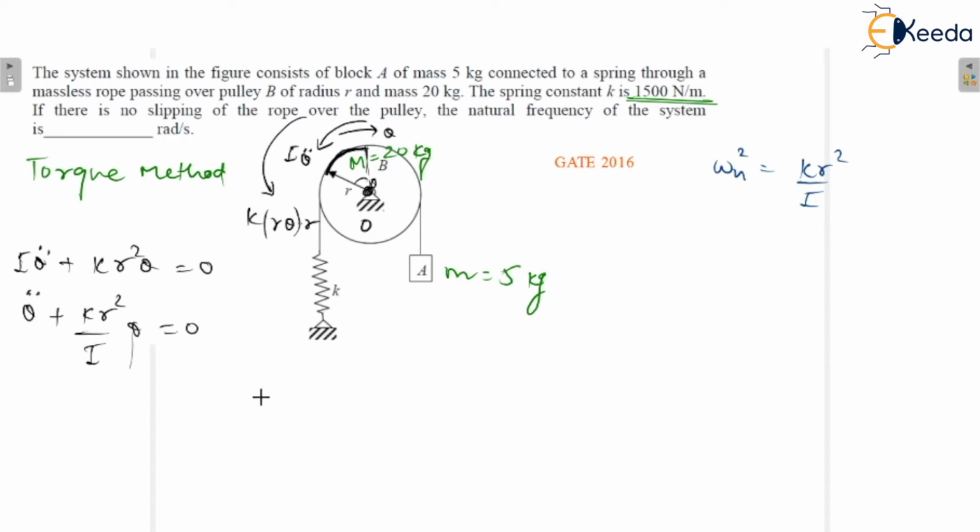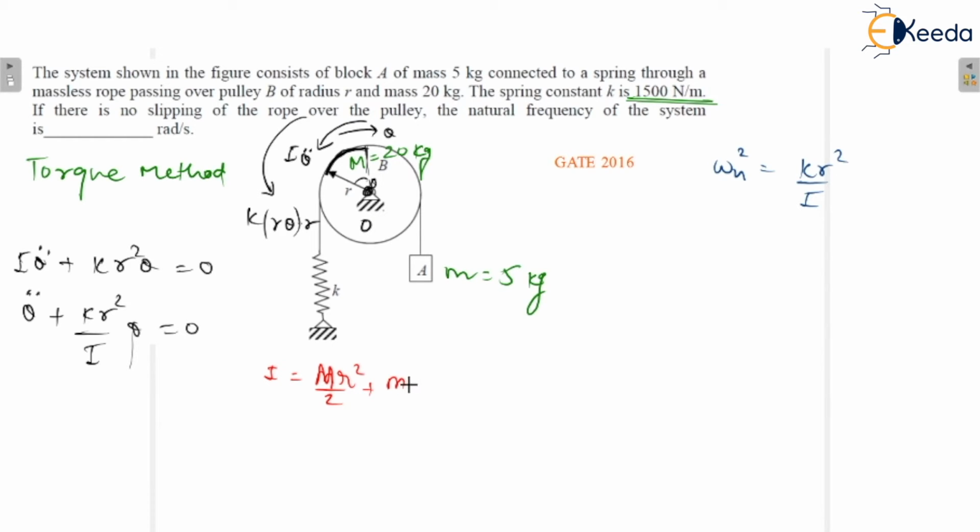But we have not calculated the moment of inertia yet, so we will calculate I. We know that the moment of inertia for a disk, and the pulley is a disk, is M r square by 2. But here there is also a mass attached with the rope, so we consider that too.